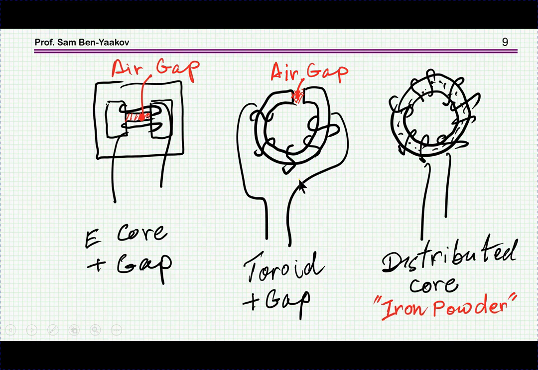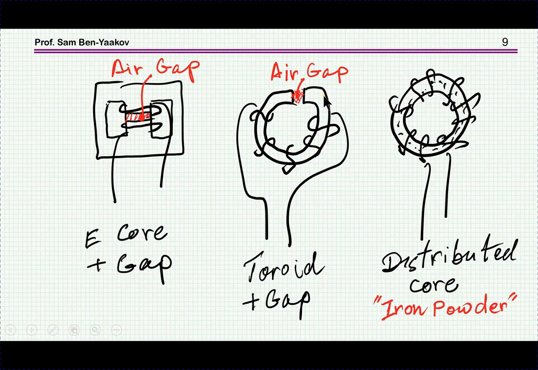Now, when it comes to power inductors, here are shown the three basic types. We have an E-core, two E-cores actually clamped together with a gap in between.